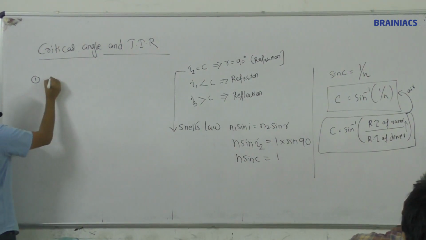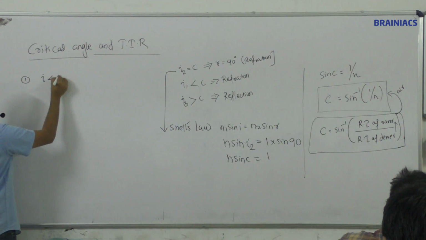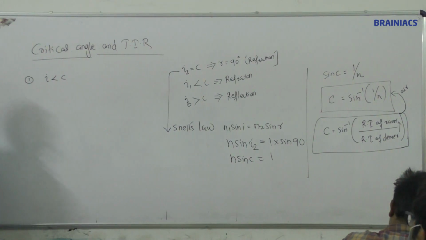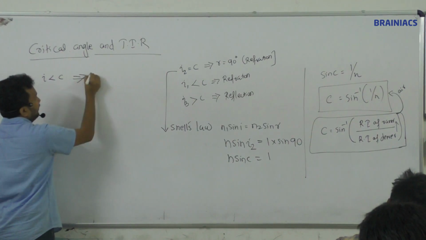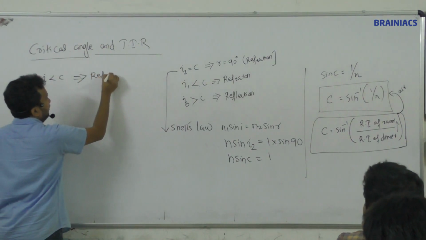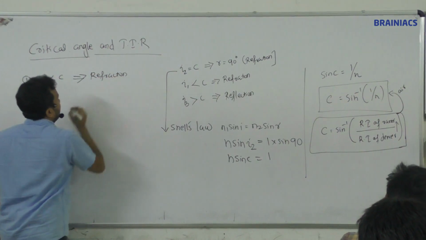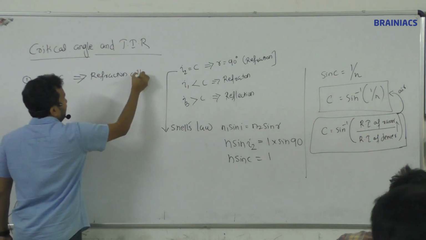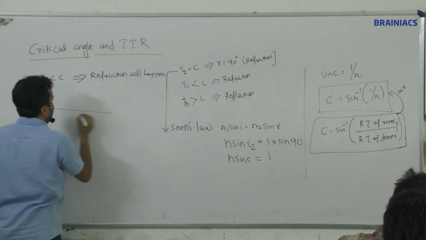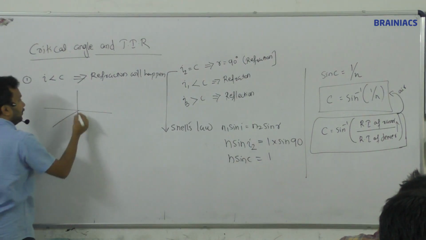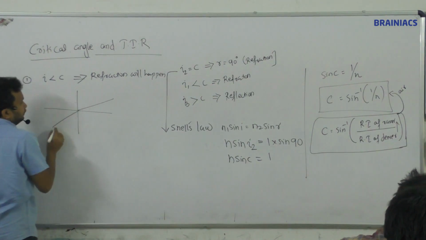Number 1, I less than critical angle. What will happen? Refraction will happen. We'll draw a diagram, with the normal ray like this.